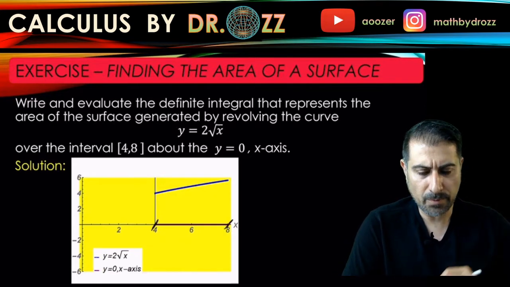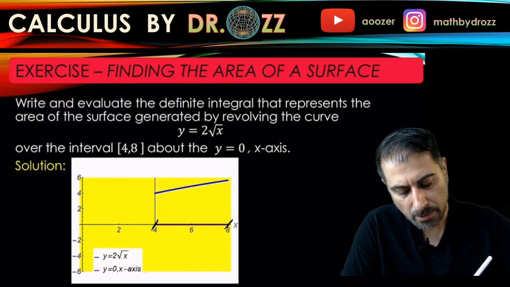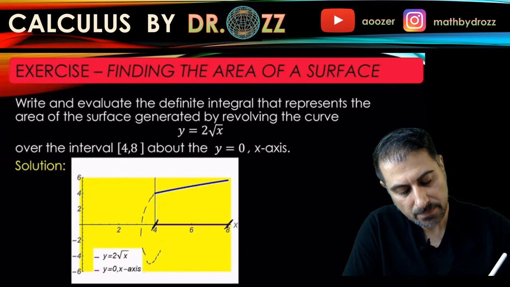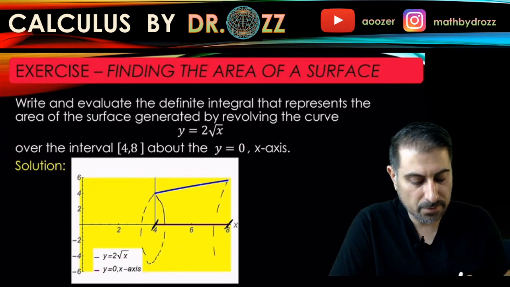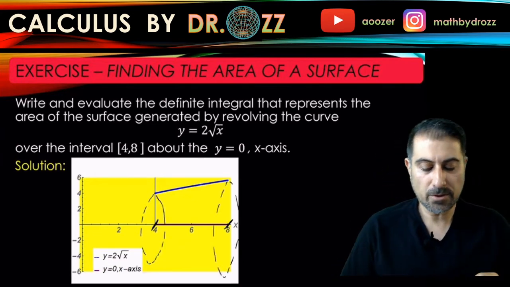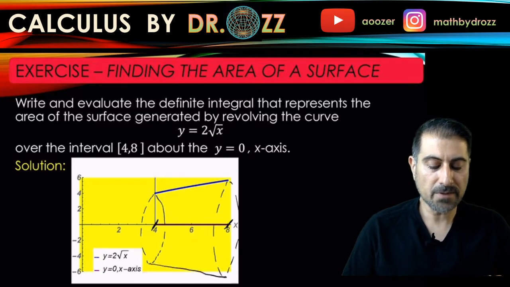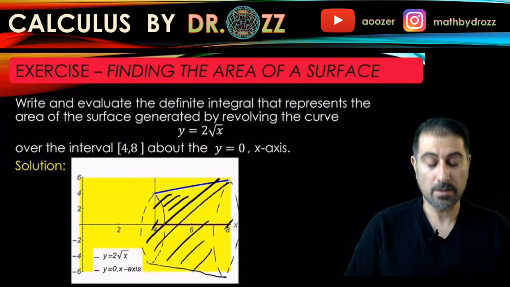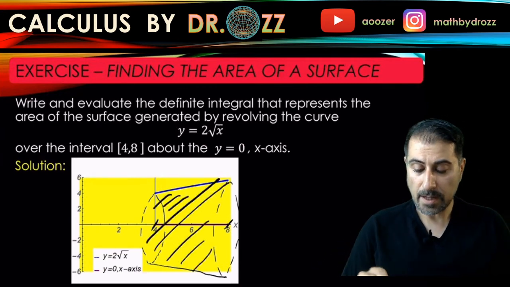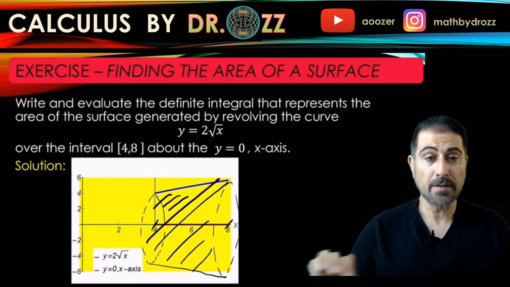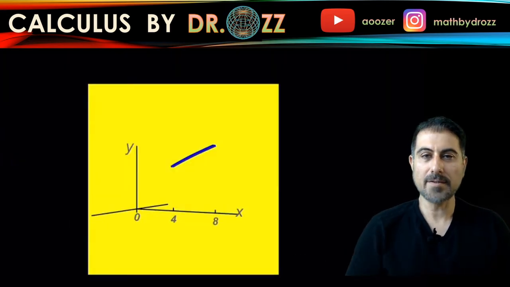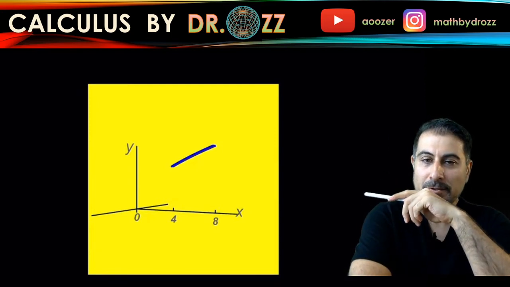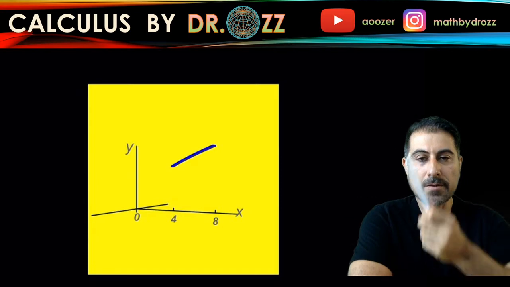Visually, once you rotate that, you're going to have a surface, and I'm going to show you in 3D how this looks. We are interested in finding the surface area of this three-dimensional shape. So how does this look in 3D? This is our curve in three dimensions. Now I'm going to start rotating that about the x-axis.